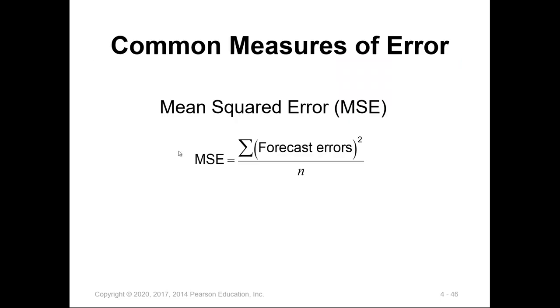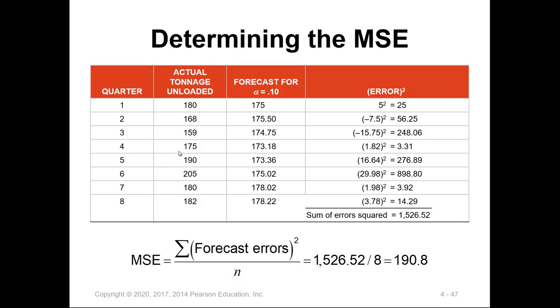The second measure of error for the forecast is the mean squared error, MSE, which will equal the summation of forecast errors squared divided by the number of periods. Going back to the previous example, squaring the errors as shown in the last column here, finding the sum of all these errors, then dividing by the number of periods n, we will get 190.8 for alpha equal to 0.1.